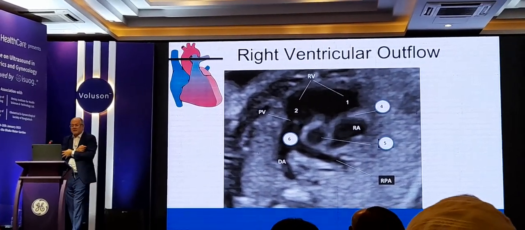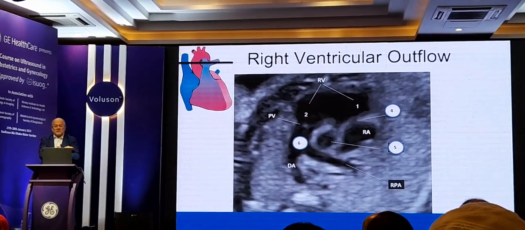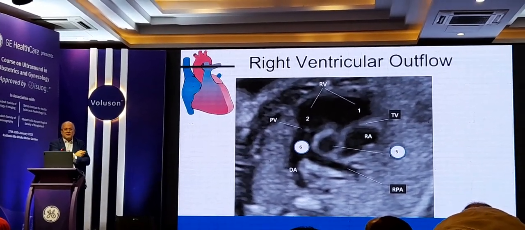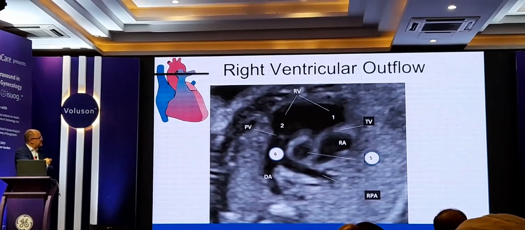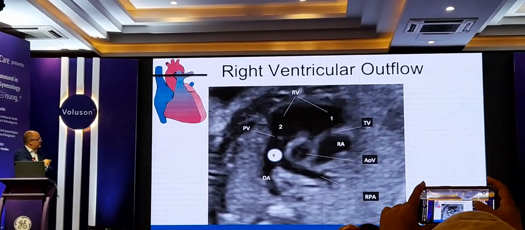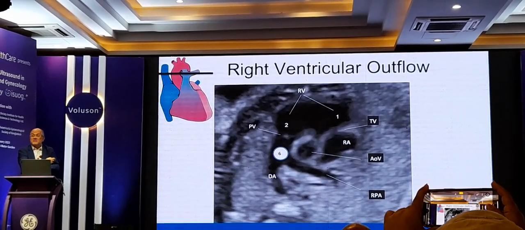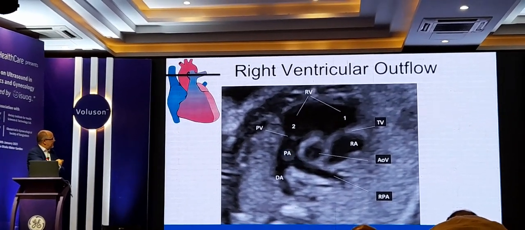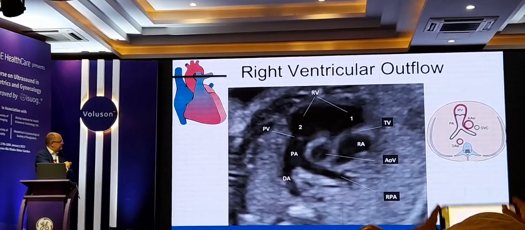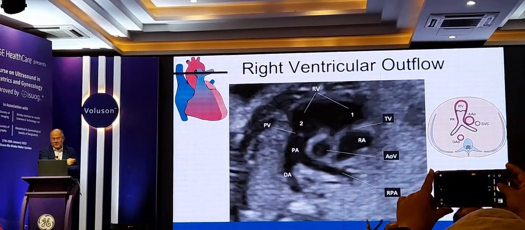What's that other structure there? It's the right atrium, right? Number four is tricuspid. Number five, you can see face on the aortic line. And if you're really good at ultrasound, you can see that it's got three vessels. And of course the pulmonary, dividing there into its branch pulmonary arteries.